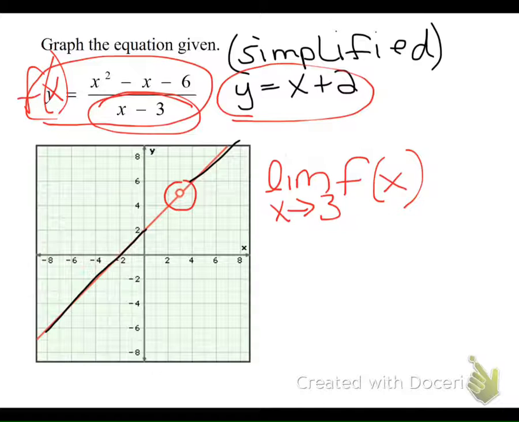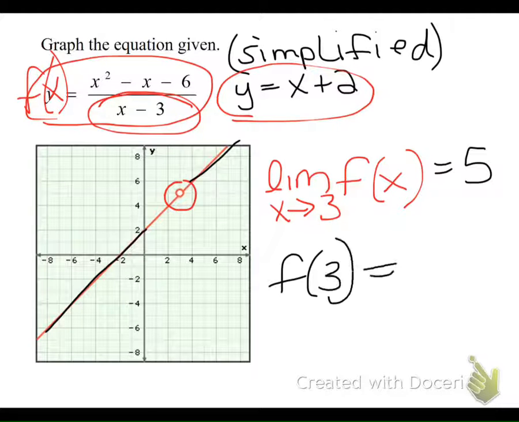So the limit as x approaches 3 would be the height at 3, which is 5, even though there isn't actually a value of the function. F of 3 does not equal 5 because there's no actual point there.